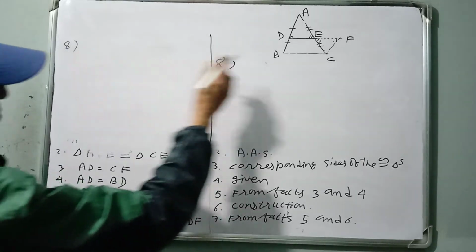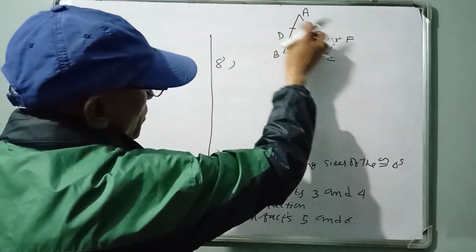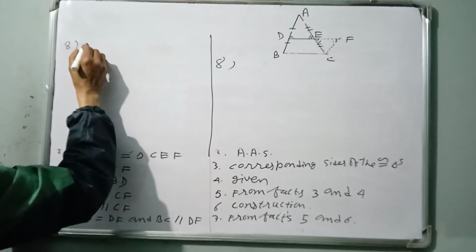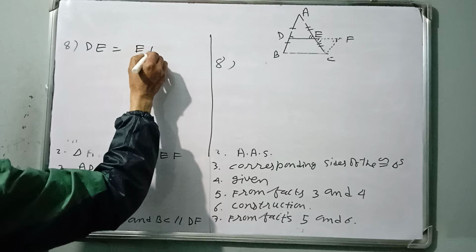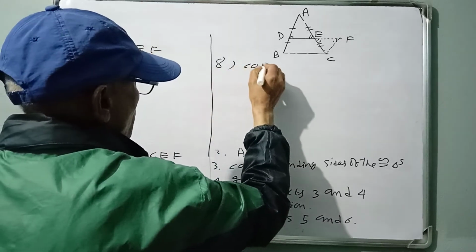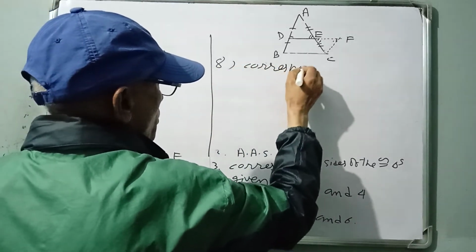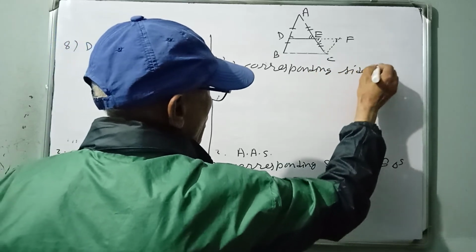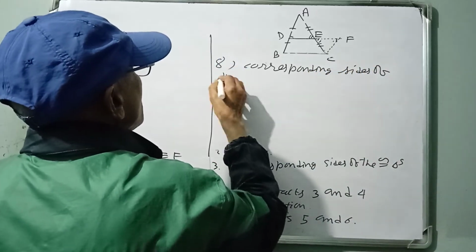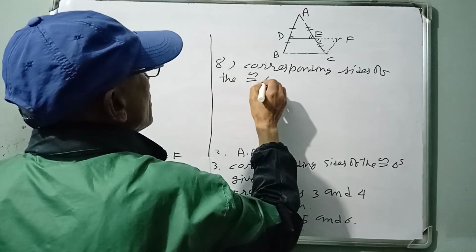So when these two are equal, can you write DE equal EF? Again, being corresponding sides of the congruent triangles.